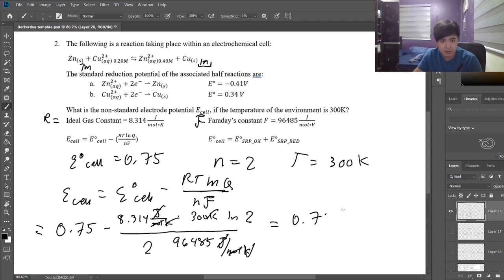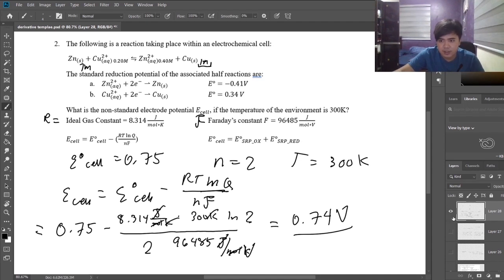How many significant figures do we have? It's 2 significant figures, so it's around 0.74 volts. That's our non-standard cell potential. That's nice. All right, that's the answer.